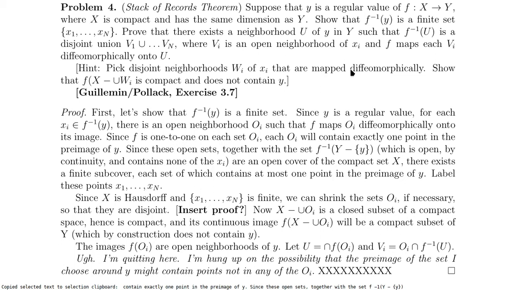Yeah, that's okay. So I believe that these VIs, maybe it's that F inverse of U might not be equal to that disjoint union. Maybe the disjoint union is contained in the pre-image of U, but it's not everything in it.